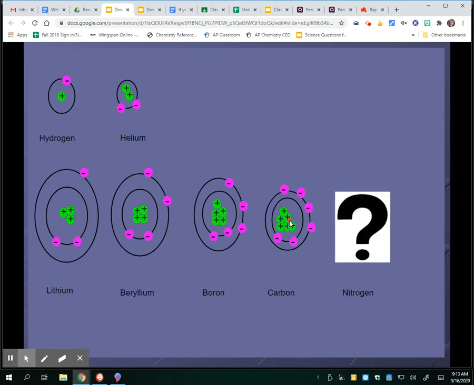And nitrogen would be even smaller than carbon. Again, still 2 energy levels, but we're going to have 7 protons in the nucleus. Those electrons are just pulled a little tighter in towards the nucleus, making nitrogen even smaller than carbon. And it goes on like that as we look across the periodic table.